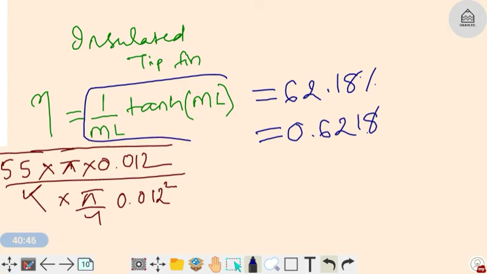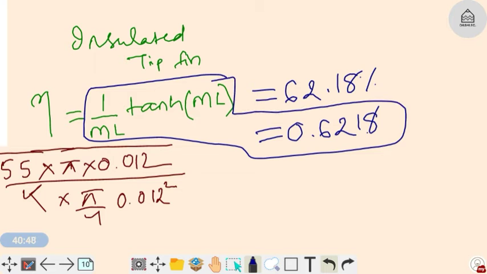This expression has L which we know, and m is the only thing that we need to find out. So let's find out m from here first. I need to find out m, but I think it is a difficult method to find out.